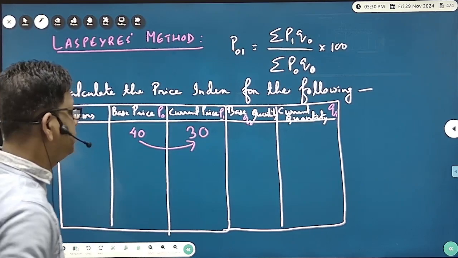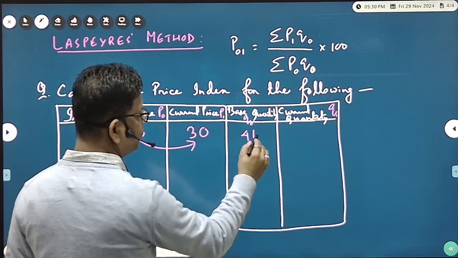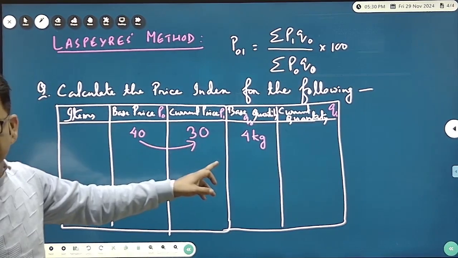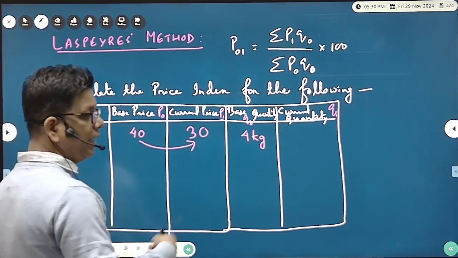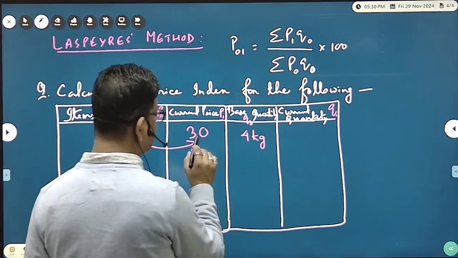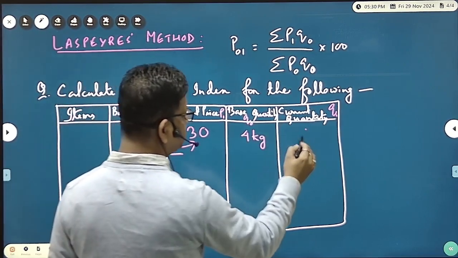When the price decreases, when it was 40 rupees, I was buying suppose 4 kg of certain things. But when the price decreased, basically what we people do is go for buying more quantity. So as soon as the price decreases, suppose we will buy 6 kg.